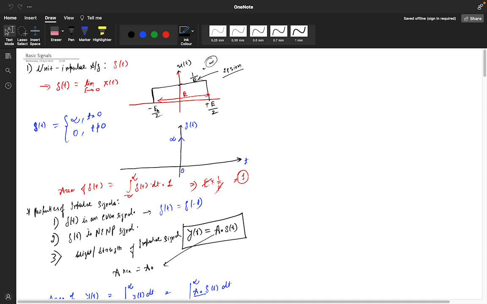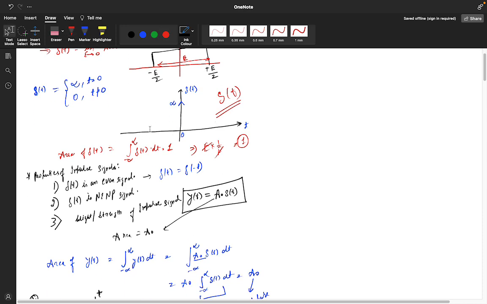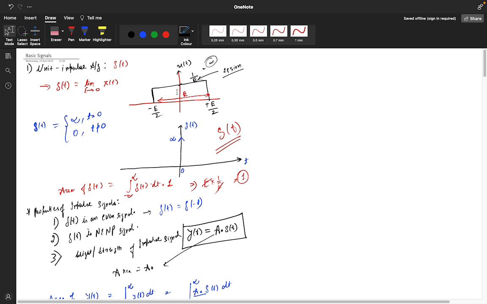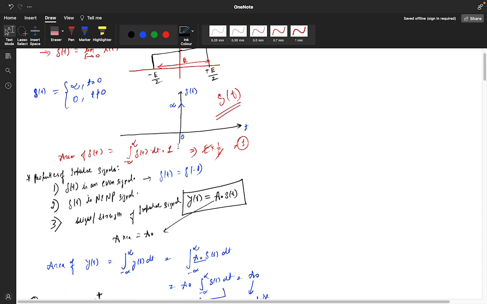If e goes to 0, the signal is compressed, and the overall magnitude becomes infinite. This is your delta t signal. If you find the area of delta of t, overall width is e into 1 by e, so the area you will get is 1.